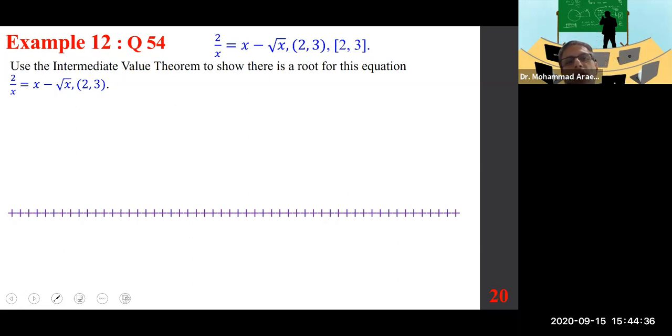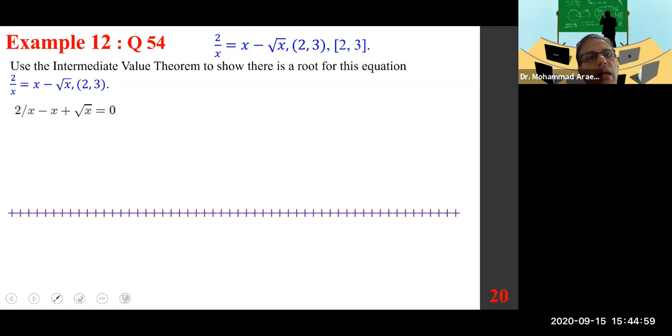Use the intermediate value theorem to show there is a root for this equation, okay? Now, first and foremost, you've got to bring it to one side, and it doesn't matter which side, okay? We're going to bring it to one side, and we're going to give it a name, f of x.